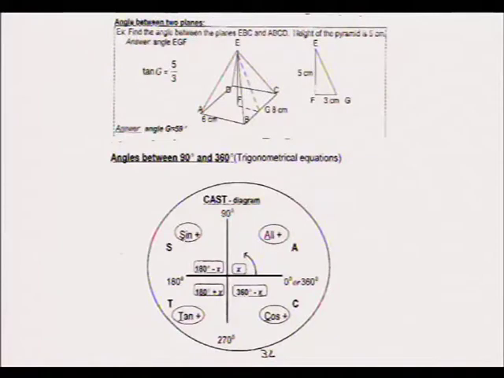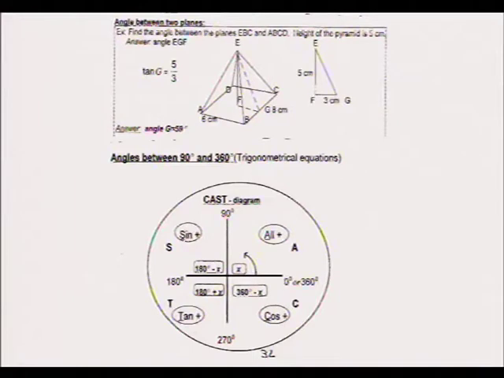How to find that? And there is still the angle between two planes. Find the angle between the planes, and the height of the pyramid is 5 centimeters. So if you have to find the first one, it's tan G equals 5/3. And so we can carry on. So look at those examples there.